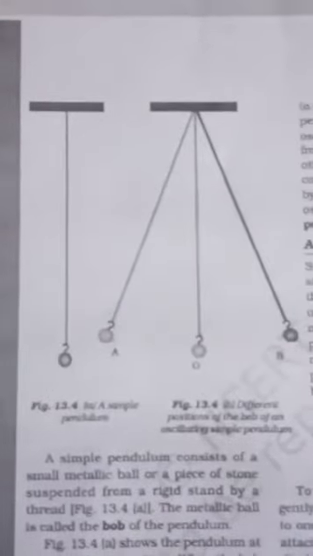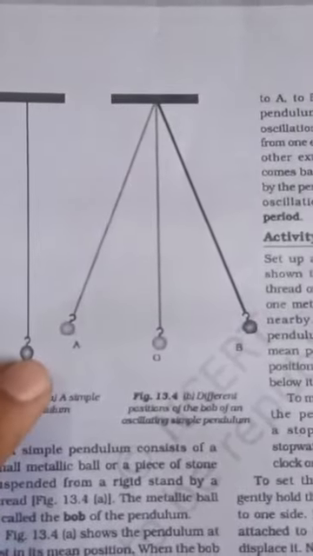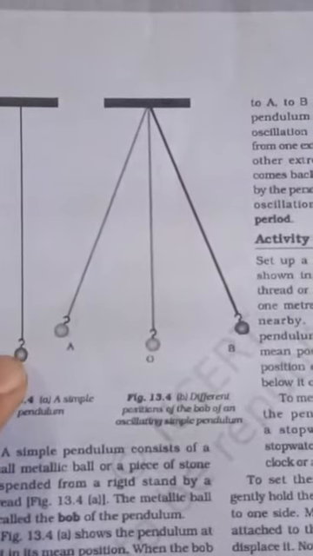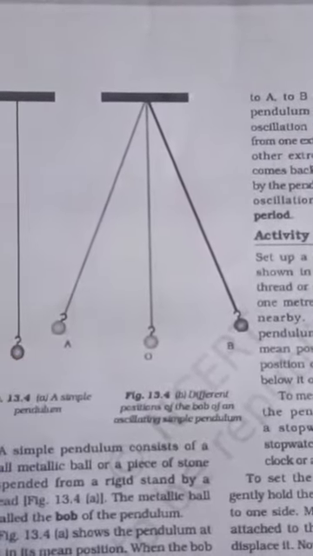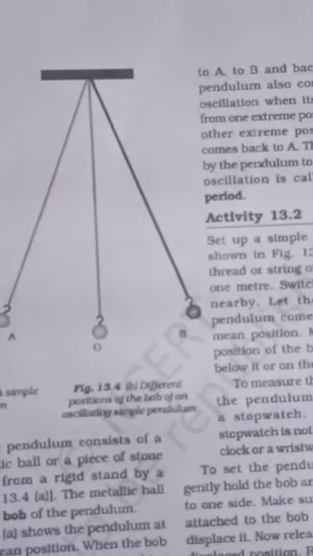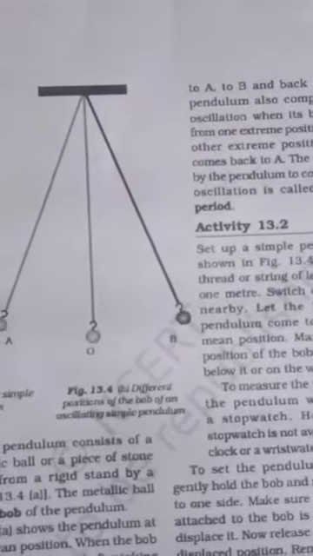This one is the string. This one is called the bob. It is made up of copper or brass. Okay, this is called the bob, this is called the string.